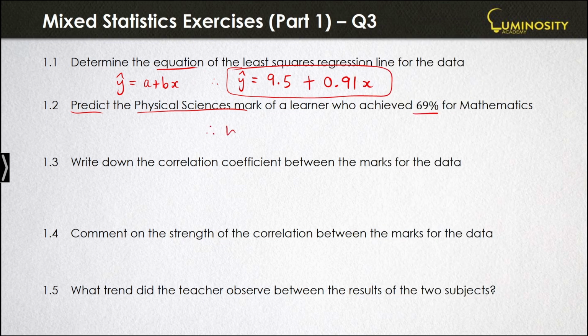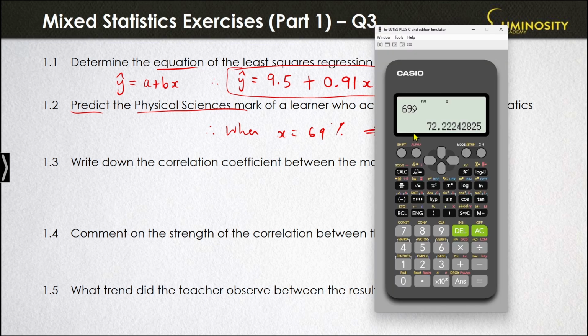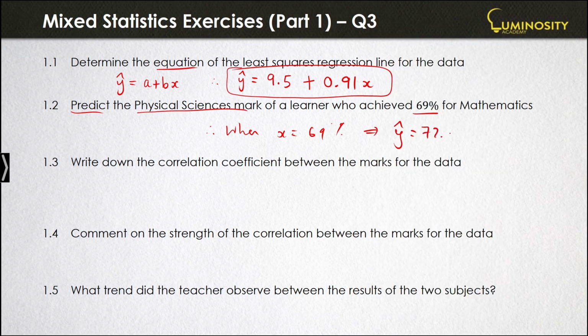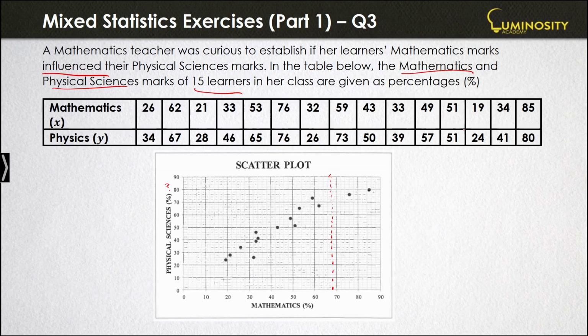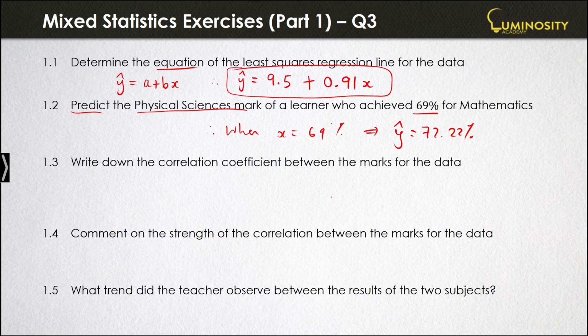So therefore, when x equals 69%, the y hat predicted value is 72.22%. Okay, and if you look at your scatter plots, that looks pretty reasonable, 72 somewhere around there. So it looks reasonable. Okay, so that's one of your predicted values.